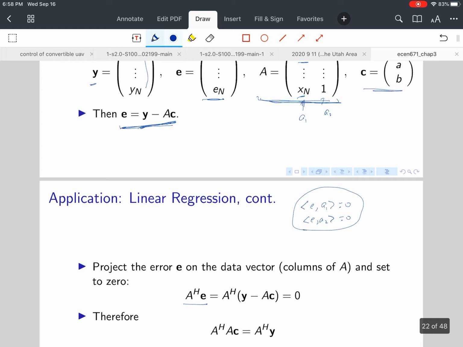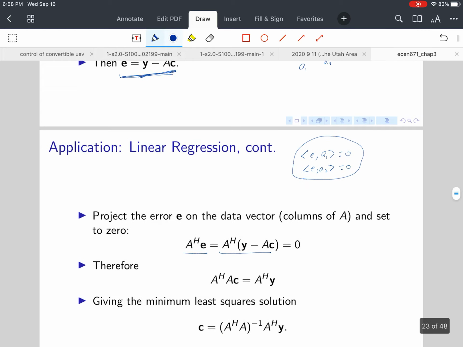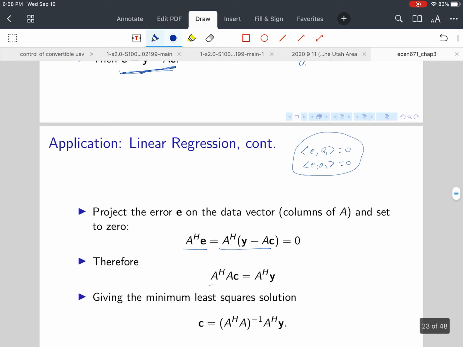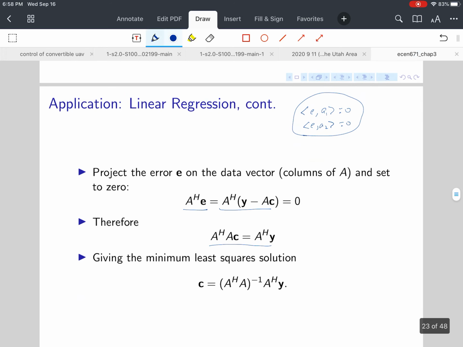This formula gives us A^H times E equals 0, and E is y minus AC. So we can rearrange that as A^H A C equals A^H y, and then we invert this matrix here.